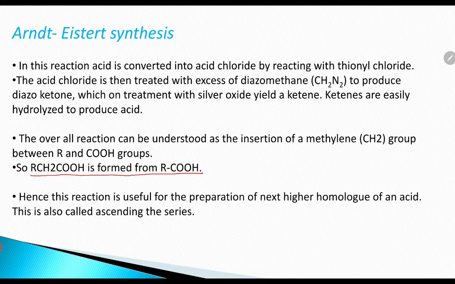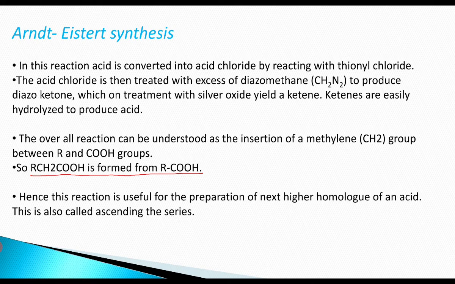See, in this reaction, the carboxylic acid is converted to higher carboxylic acid, one with one carbon atom extra than the reactant carboxylic acid. See, in the previous examples like Schmidt reaction and Hunsdiecker reaction, we are getting the product with a less number of carbon atoms than the reactant carboxylic acid, that is, that carbon atom is lost in the form of CO2.